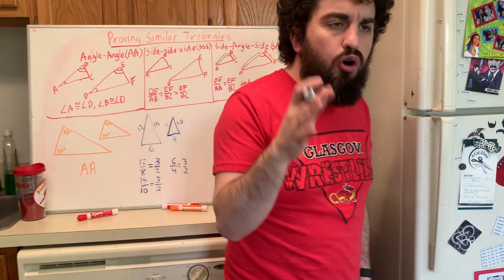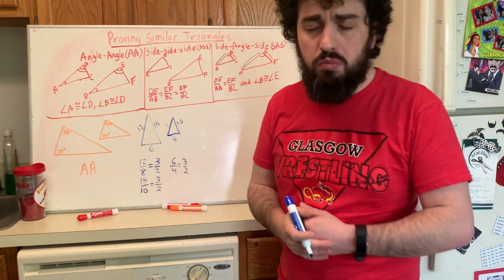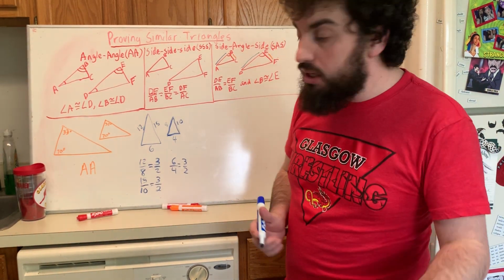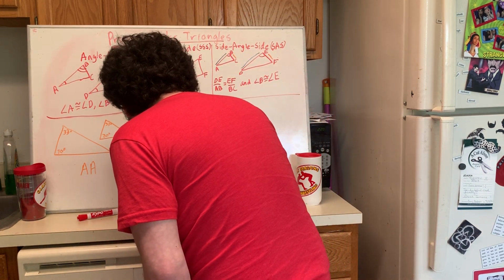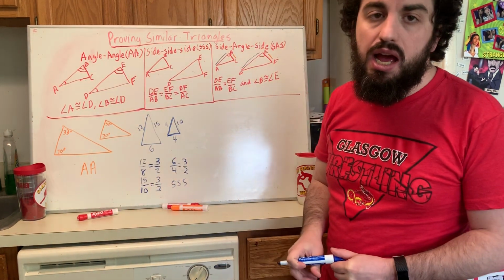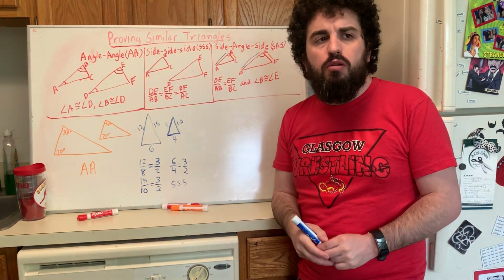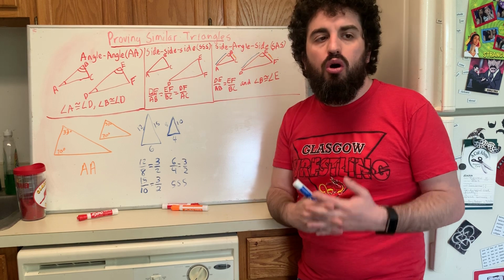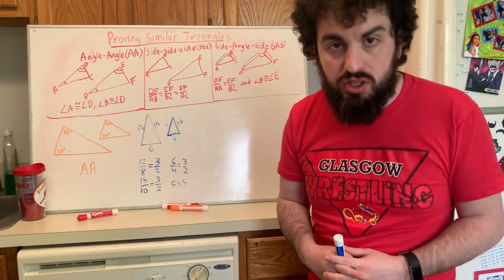So since they all have a ratio of 3 to 2 going big to small, that means this is similar by side, side, side. So I can make that claim that these two triangles are similar because all sides hold that important 3 to 2 ratio.